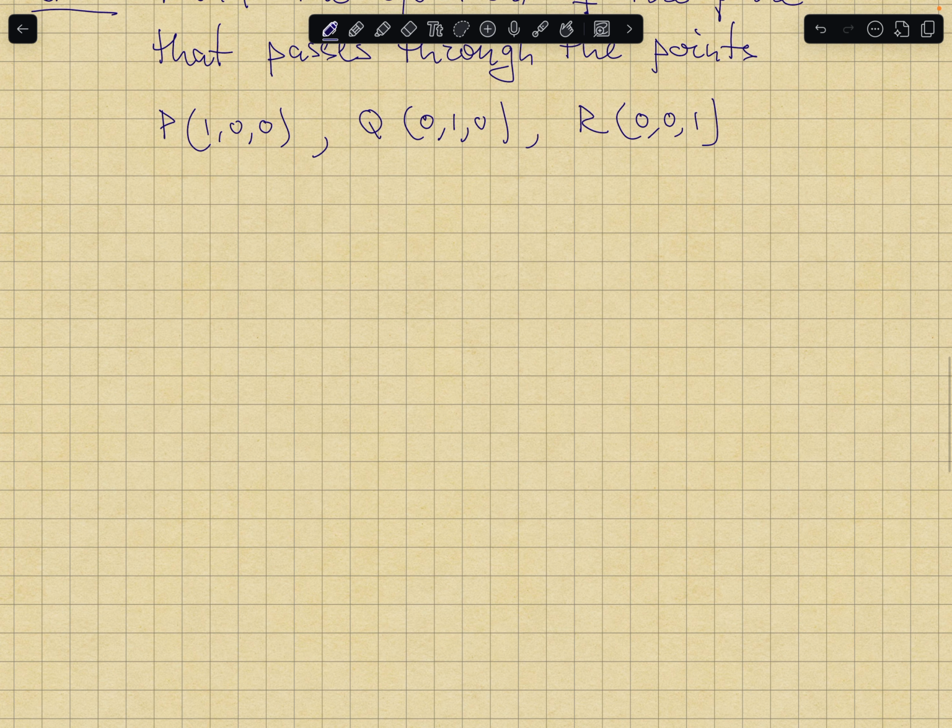So, always a good idea to draw a picture. X, Y, Z. And here are my 3 points. One is here, one is here, and one is there.